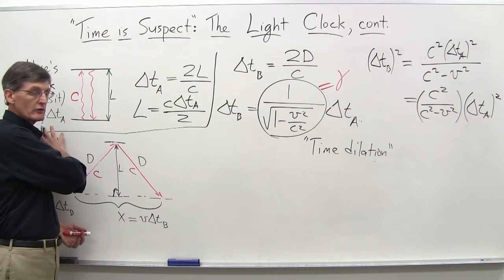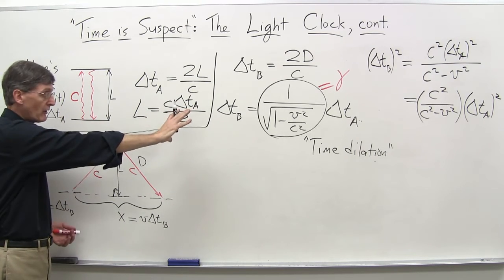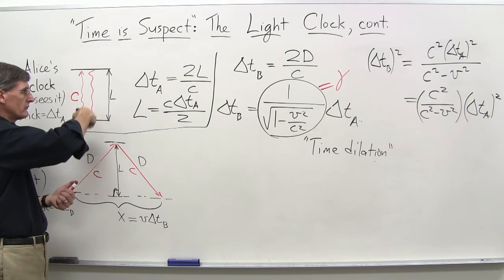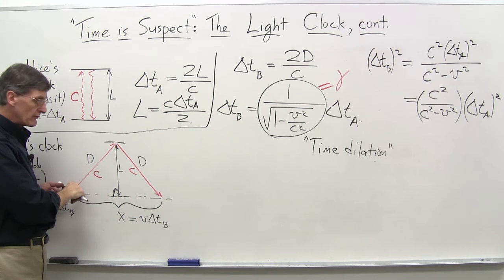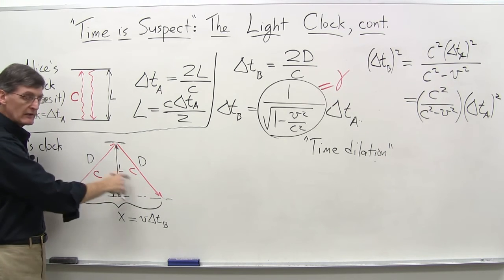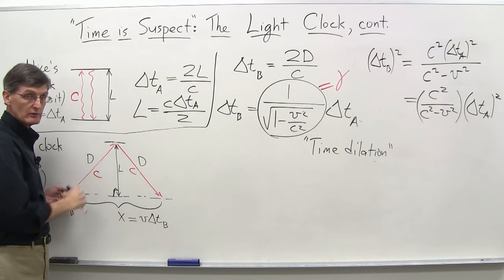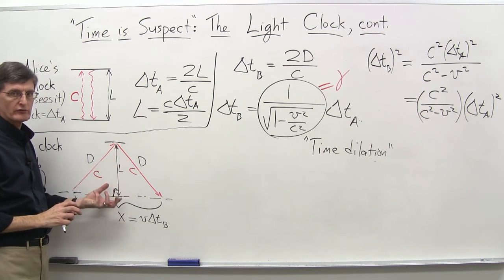When Alice goes in motion, however, at some velocity v, passing by Bob with her light clock, as far as she's concerned, her clock is just ticking away nicely. Nothing weird about it. Bob, however, sees her light clock going up and coming down again at a diagonal, and therefore he sees her clock ticking more slowly.